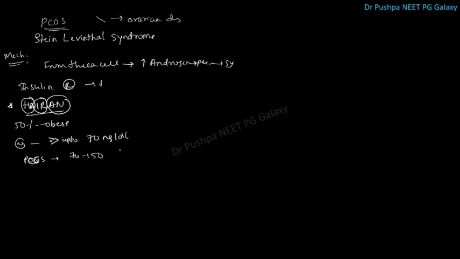And if at all it is more, it should be less than 200 nanogram. If it is more than 200 nanogram, then it is not due to PCOS. Then you should think of androgen secreting tumors. In PCOS, it won't be more than 200 nanogram.